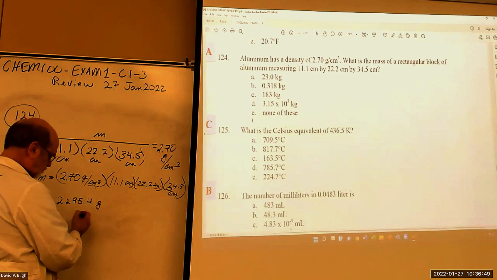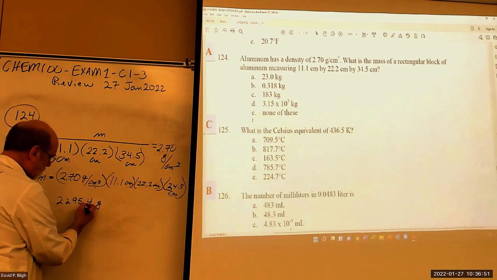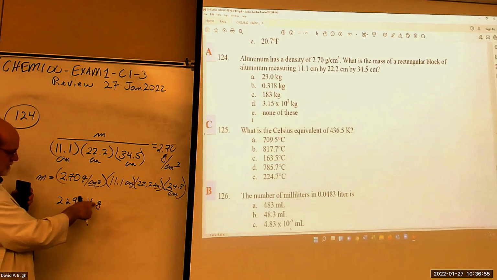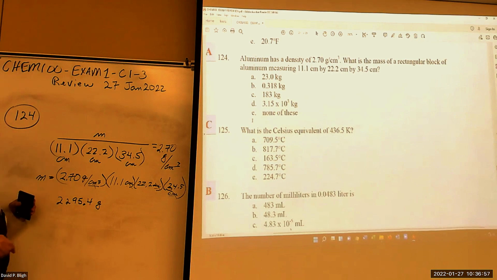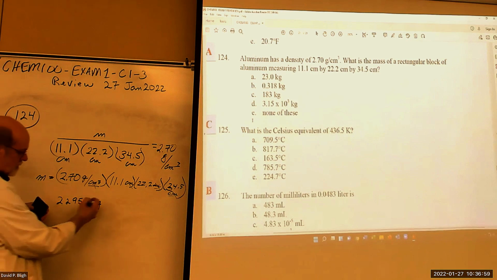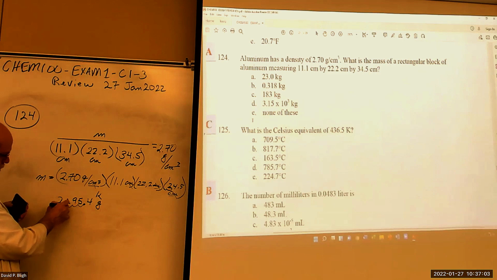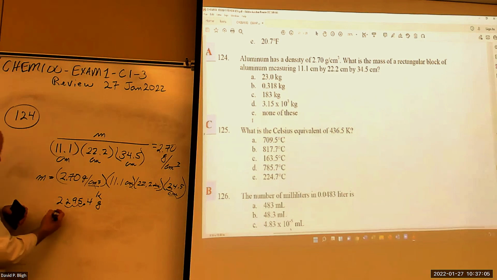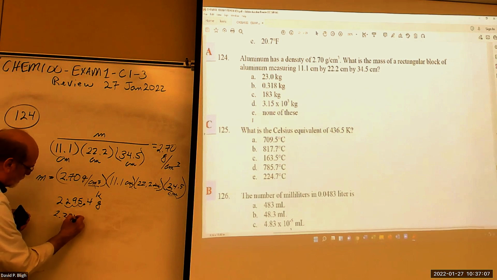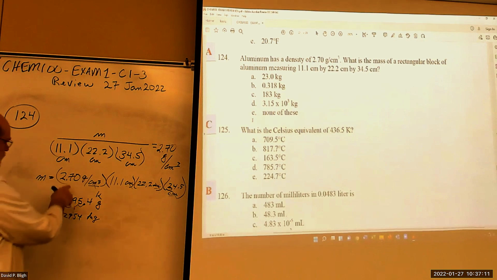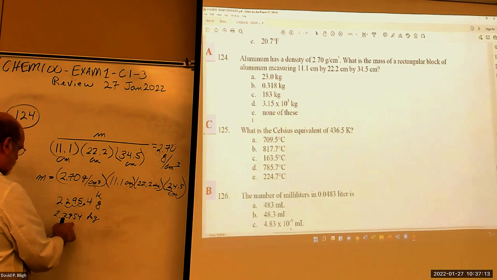Well, you can say we want to store up in a prefix of grams, 1,000, right? Kilo, store that up. So 1, 2, 3. 2.2954 kilograms. And then we can keep 3 significant figures.